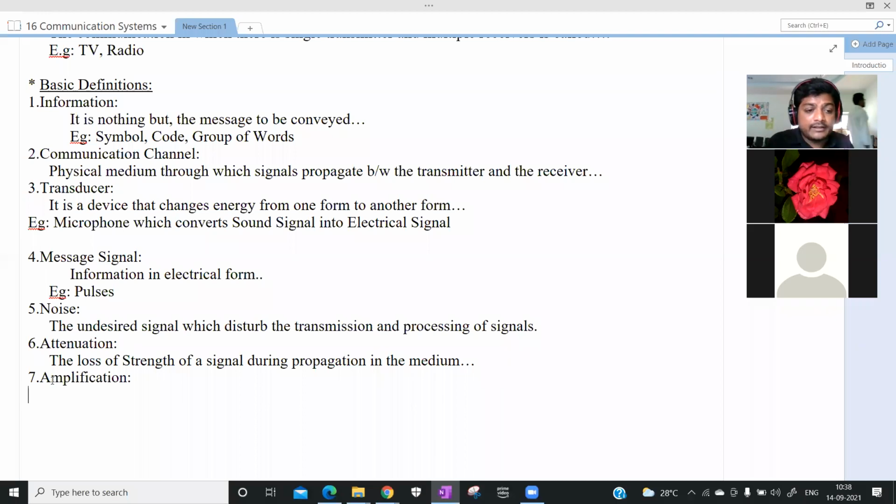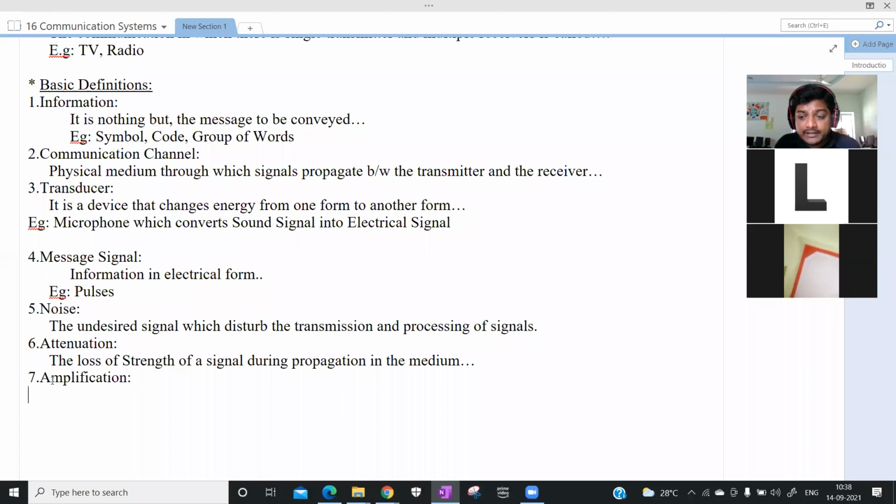Okay, now that is the thing. So now what is amplification? It is a process of increasing the strength of the signal. The process of increasing the strength of the signal is called amplification.